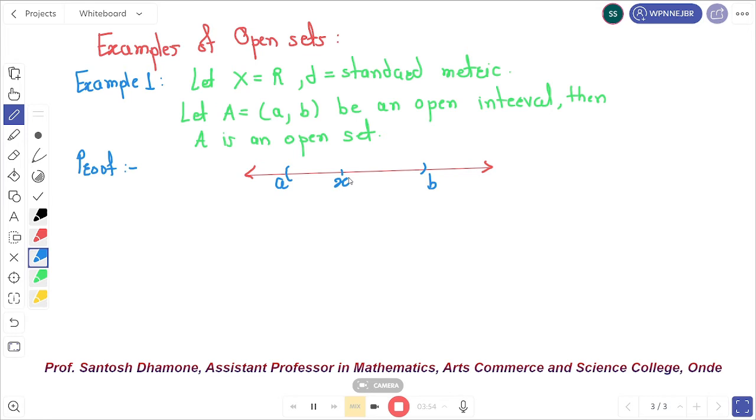Since a is less than x less than b, therefore x minus a is a positive number and b minus x is also a positive number because x is in between a and b. Okay.